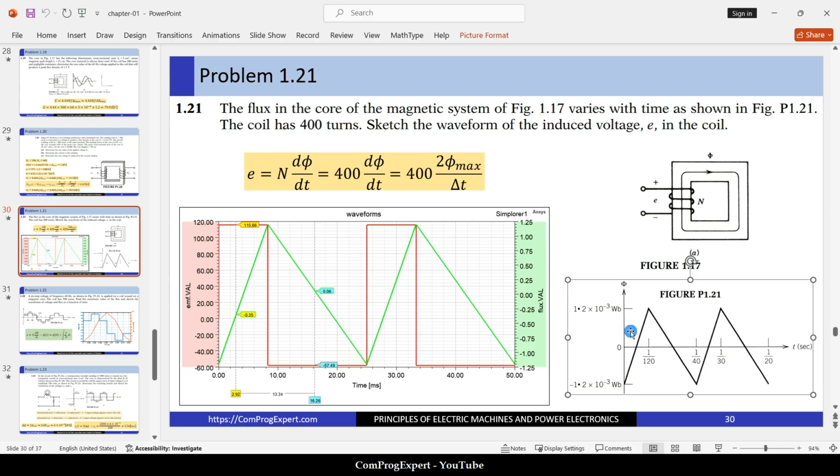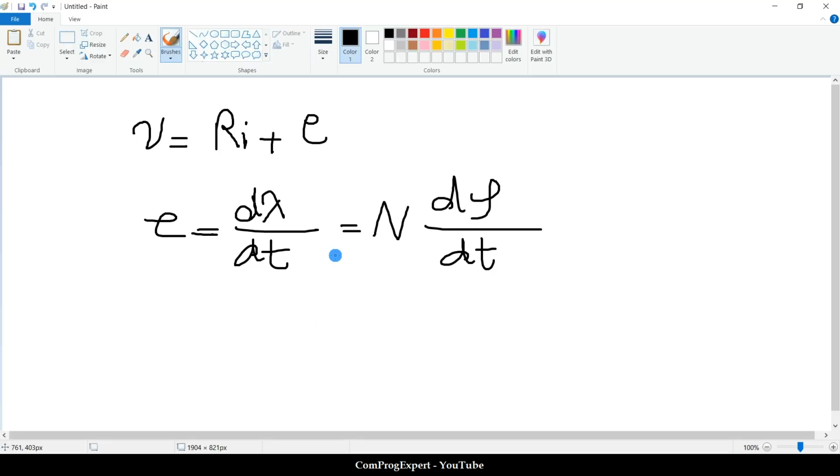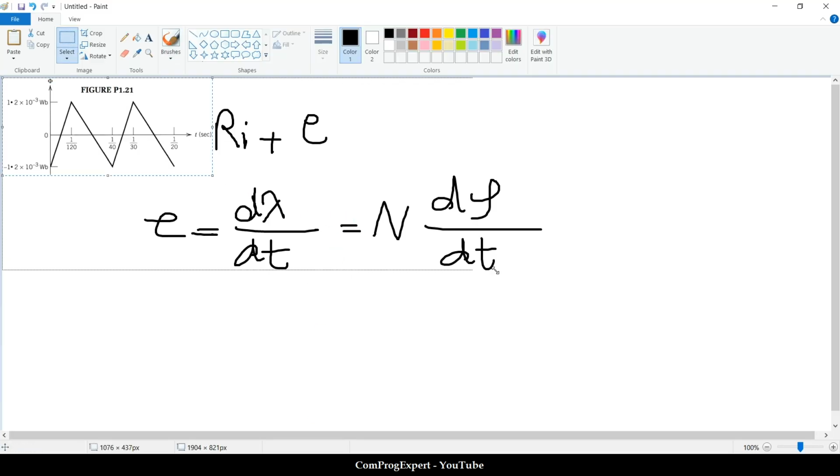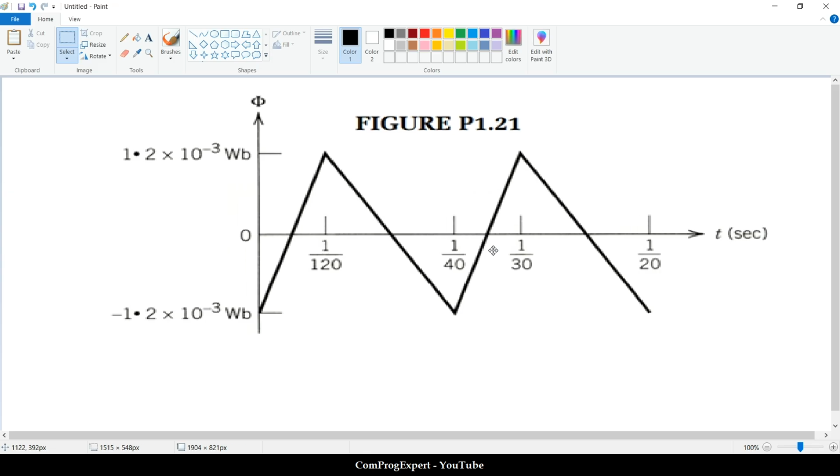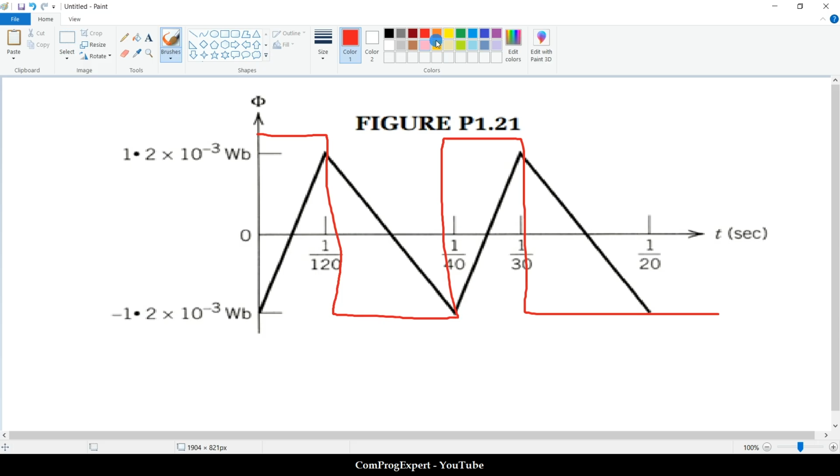Delta t is the time span for each interval. So here you can consider this graph. You know that the derivative of this function is a square function, is this one. How much is the amplitude here? We need to calculate the slope of this function, right?